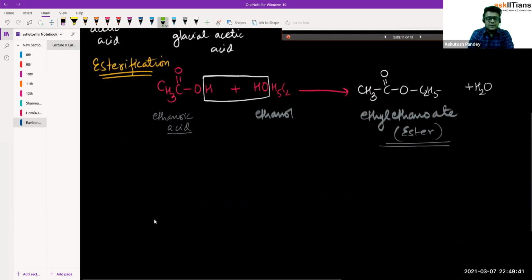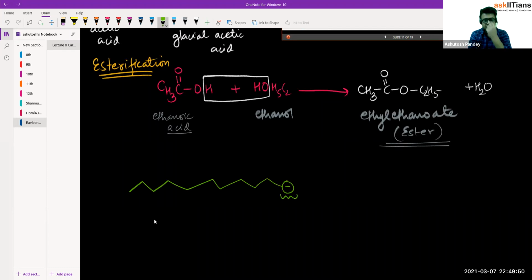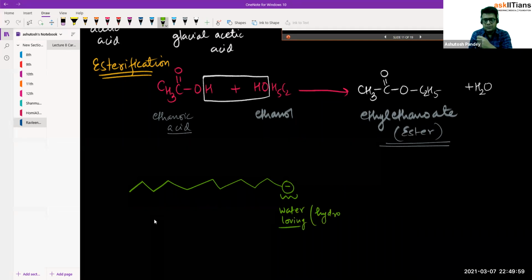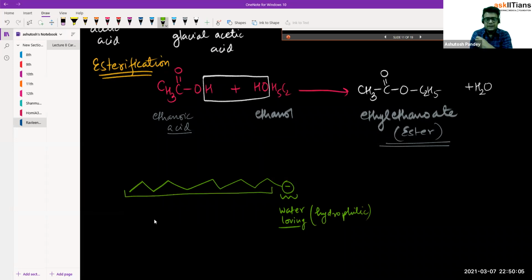So as explained, soap molecules are like this. This end is the water loving end, that is the hydrophilic end, while this whole tail is hydrophobic, that is water repelling.